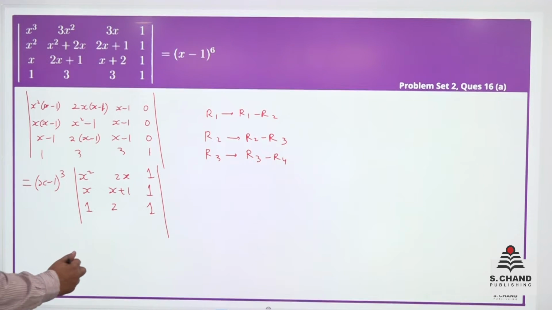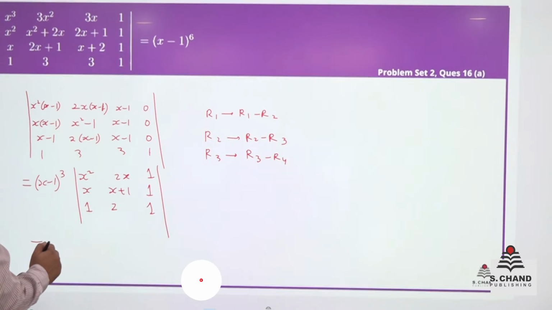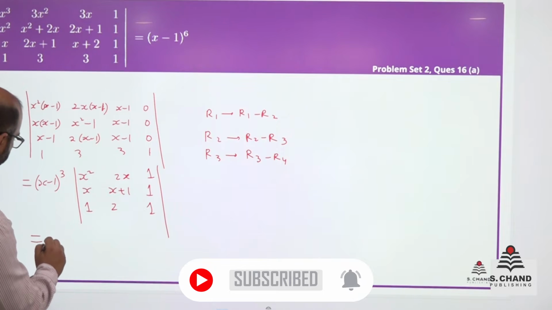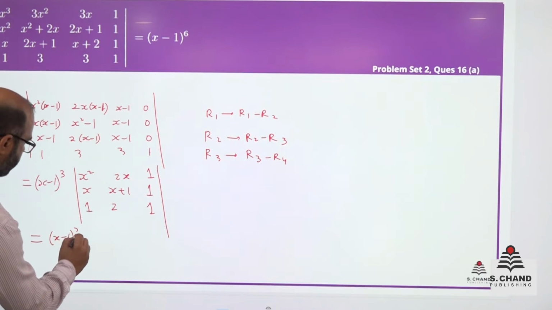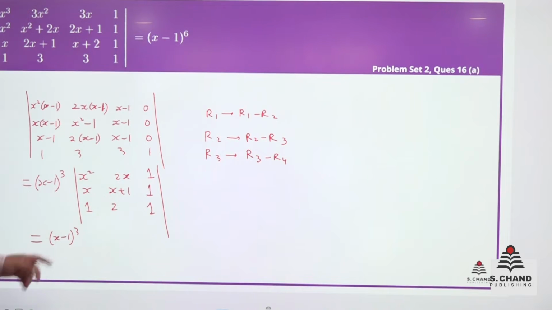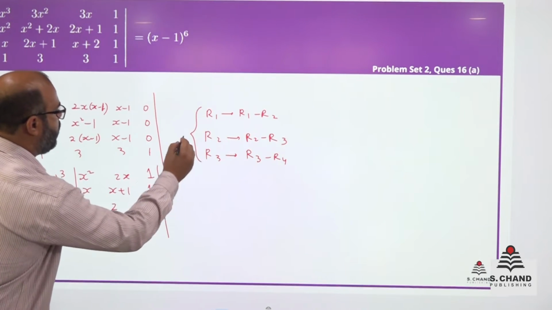Now again, can we apply some property? So let us see if we could apply. So this is equal to x minus 1 to the power 3. So again let us use this, we used here.